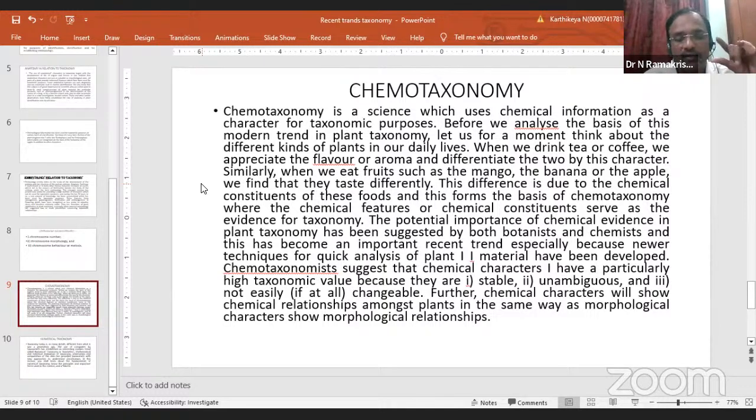Each stamen has a very short, thick filament and a broad anther. Dehiscence means the pollen grains come to the outside. The dehiscence is longitudinal.